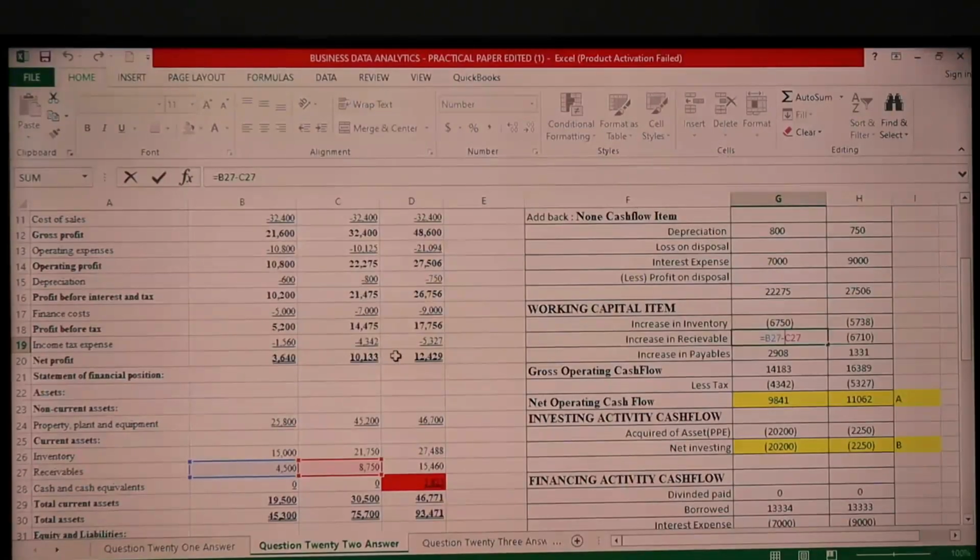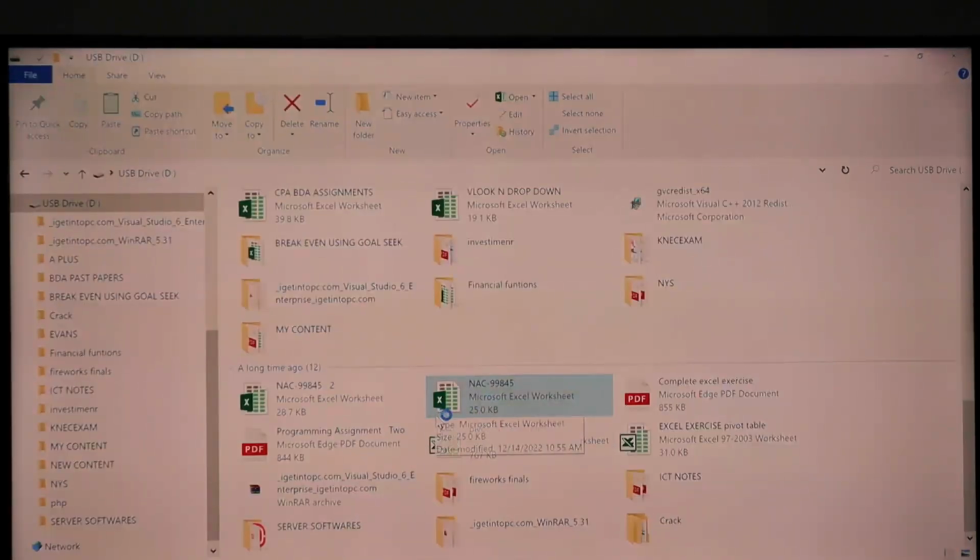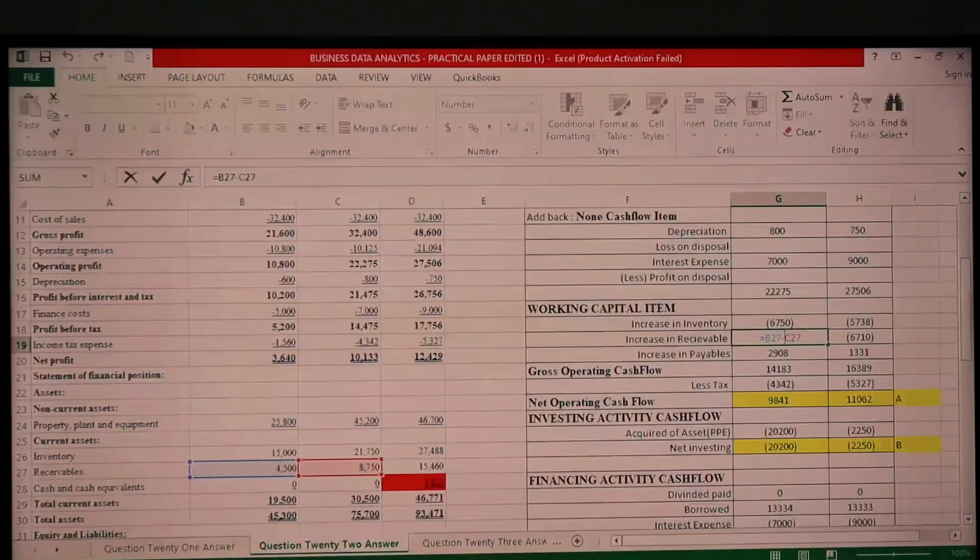So this is a workbook that was done. Just give us time to load. Taking time to load.